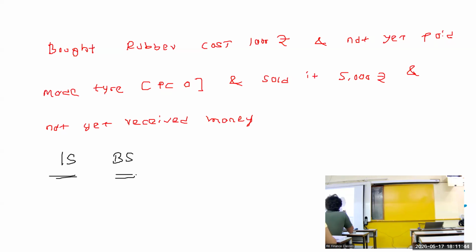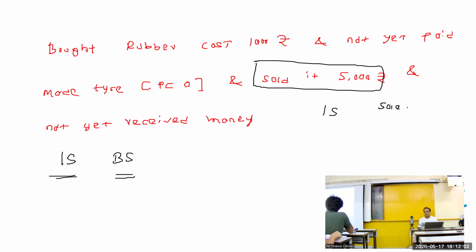Good. All right, guys, time up. Number one thing, there was a sales of 5000, there was a cost of 1000, there was a profit of 4000. So, talking about the income statement, we sold it for 5000. So, in the income statement, we record sales of 5000. And the cost of that tire was 1000. Processing cost was 0.